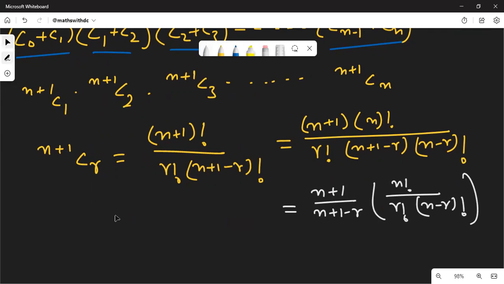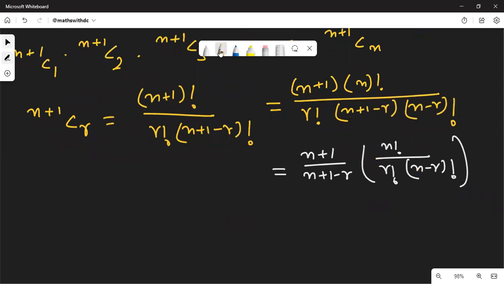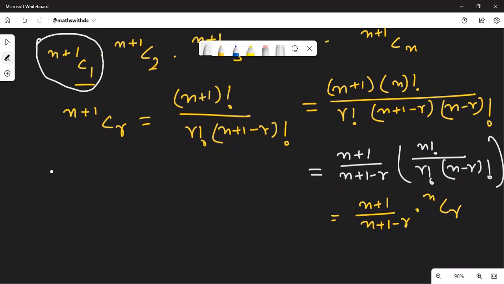So you can say your n plus 1 Cr can be written as n plus 1 divided by n plus 1 minus r times nCr. This value over here can be written as n plus 1 divided by n times nC1, because r is 1, right? Now we want to write this value also.